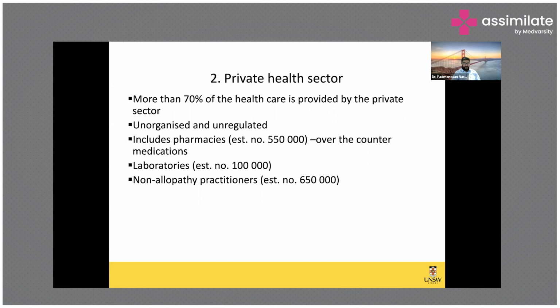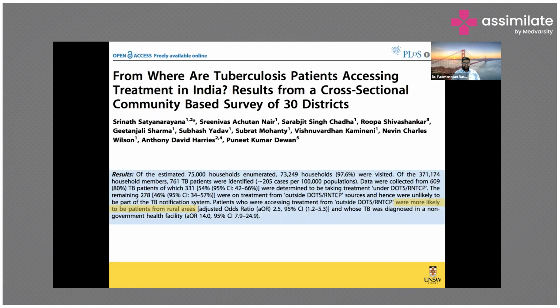We know from statistics that nearly half of TB patients don't go through the national TB program, even though it's free, cheap, and cost effective. They take treatment from the private sector for various reasons, for convenience, for ease, or mistrust in government practice. It could be multiple reasons, but nearly half of them don't take TB treatment from the government sector.